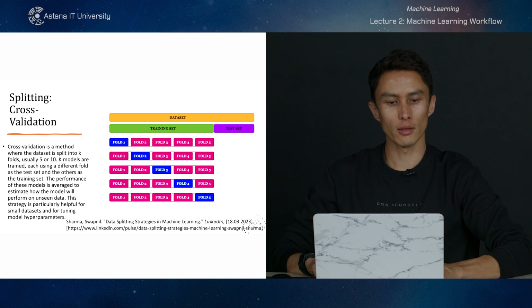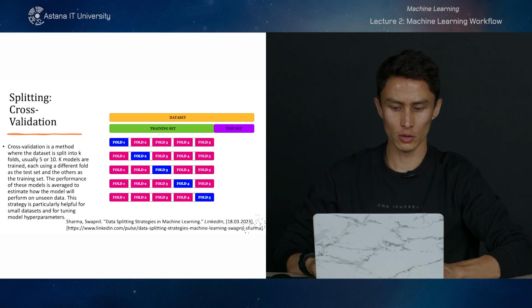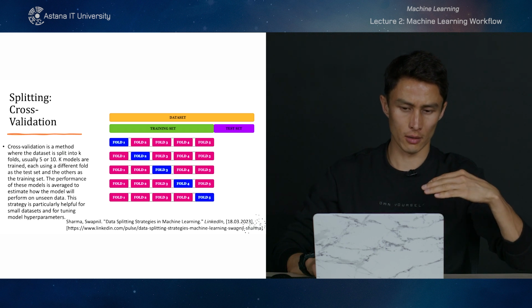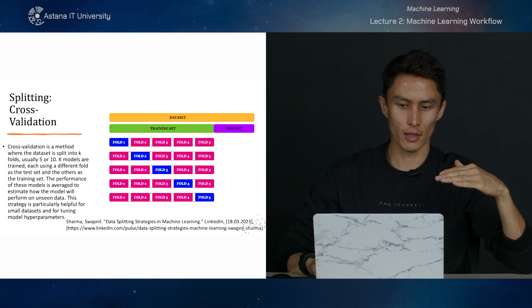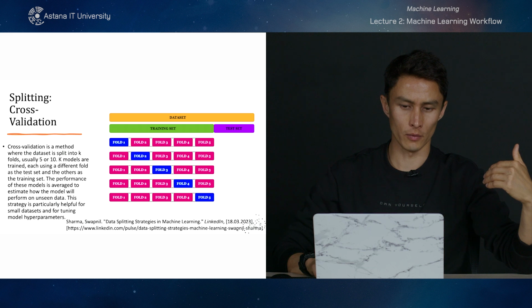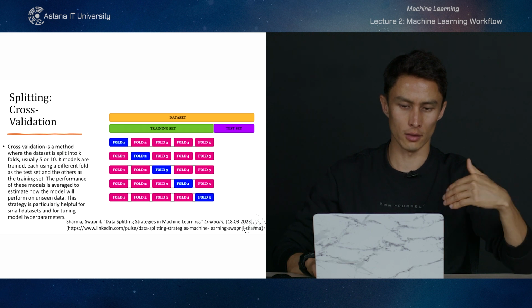The second one is splitting with cross-validation. So what is this? Initially we have a data set, and we divide it into a training set and a test set.